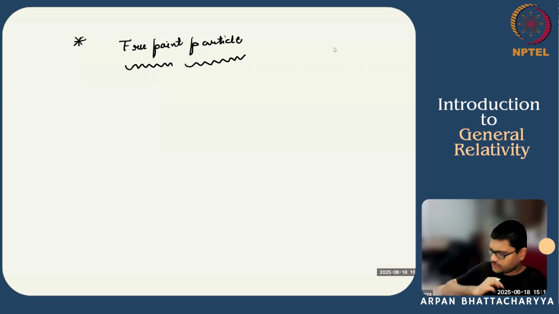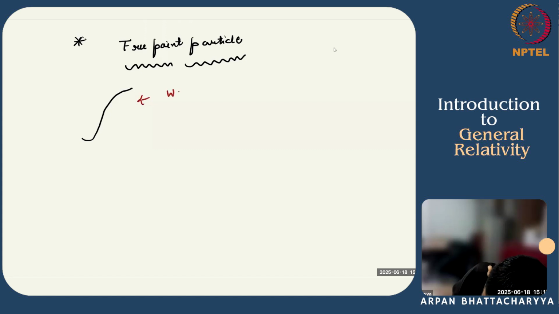So now we know that a point particle traces a one-dimensional curve in space-time. Let's say some curve. We call this a world line. If your coordinates are collectively written as x^mu, they are functions of this lambda.